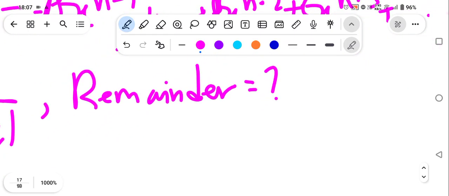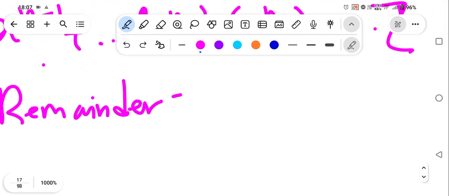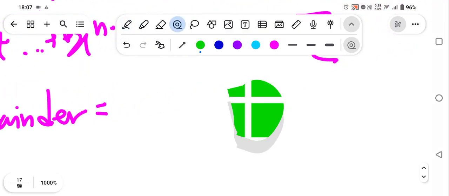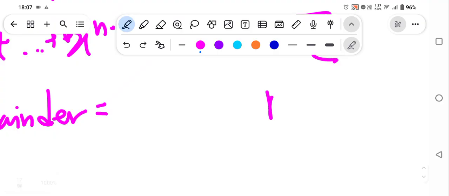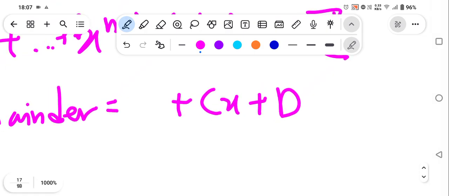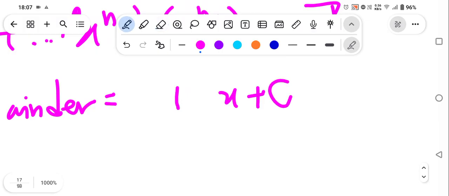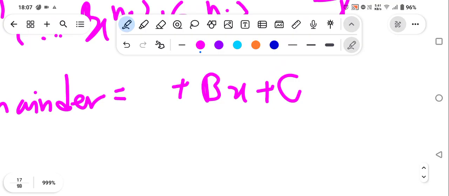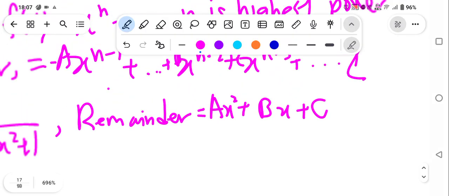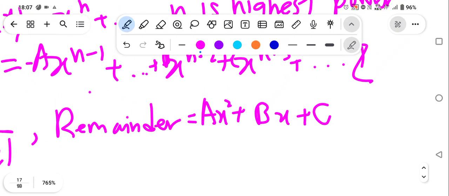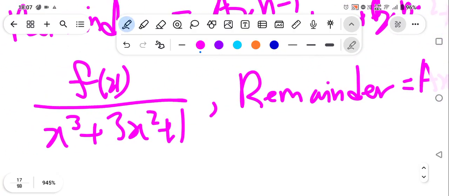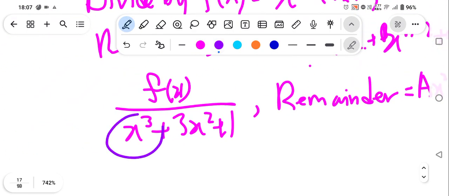Our remainder can be a constant. It can also be linear. It can also be quadratic. So this will be our remainder. As you can see, we're dividing by x cubed over here.